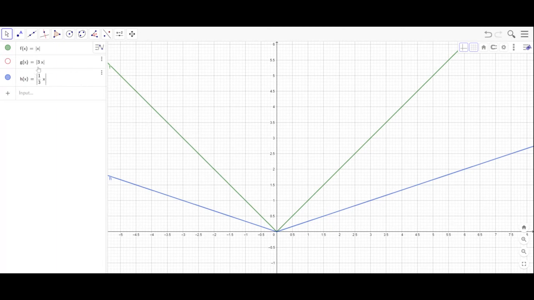Multiplying by a number bigger than 1, like the red one here, the function is going to shrink horizontally. When you multiply by a number between 0 and 1, the horizontal function is going to stretch. Make sense? So like I said, every time vertical does what you expect it to, horizontal is going to do the exact opposite. Okay? Did everybody get that one?